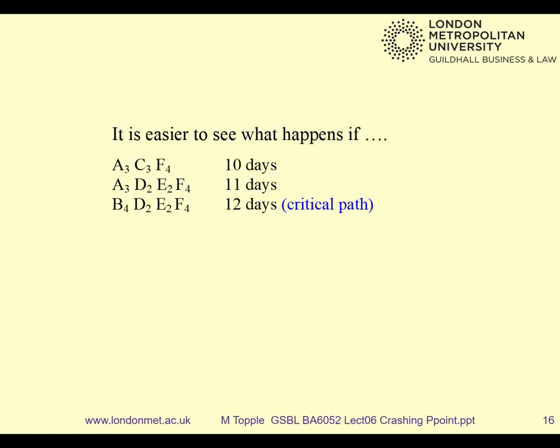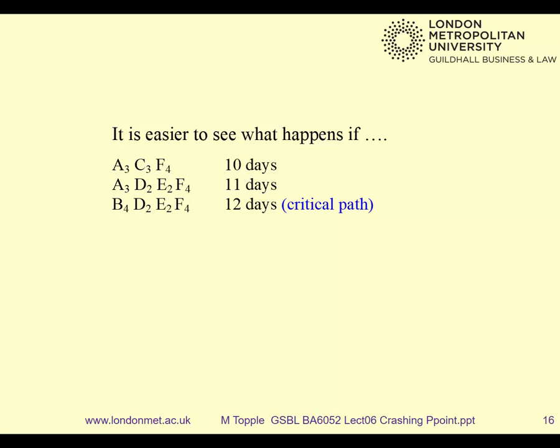I've got all of my paths with their durations, and I've also put how long they take at the bottom corner. So B4, D2, E2, F4, and if you add them together, 6, 8, 12, that's why that's 12 days. And with this one, 3, 6, 10, that's why that's 10 days. We'll go through gradually reducing these to make the project shorter.